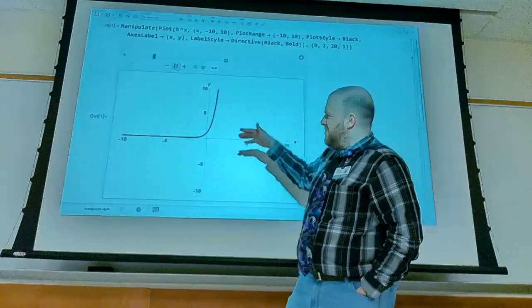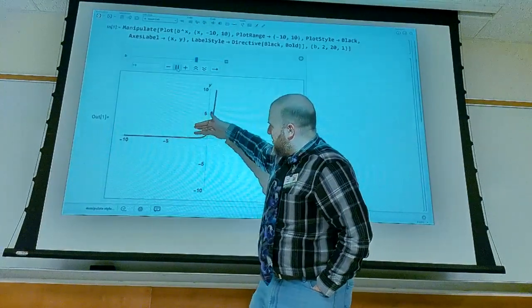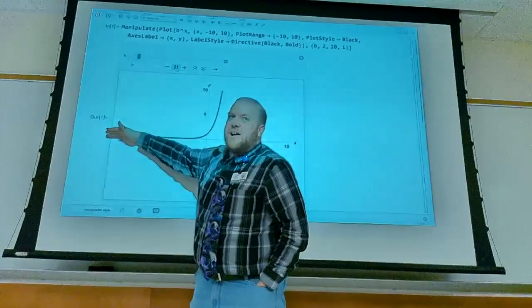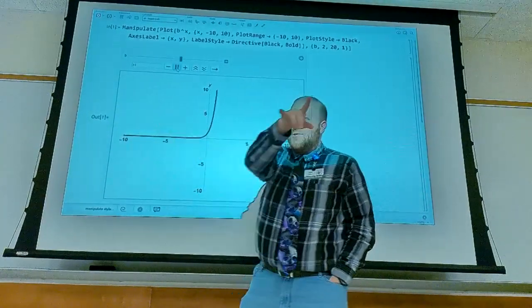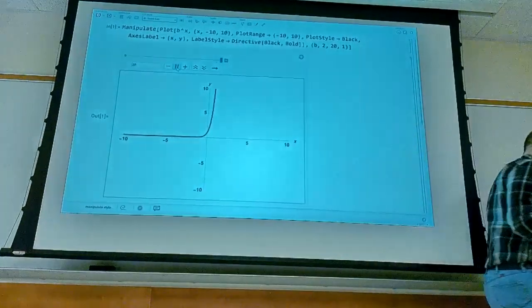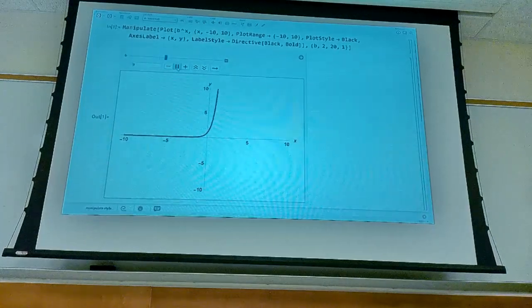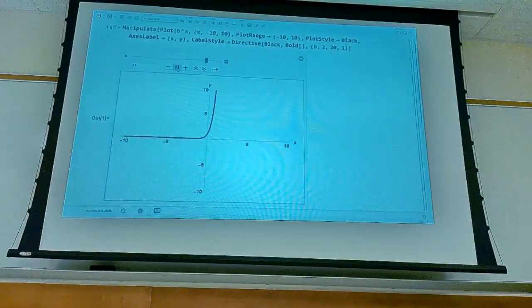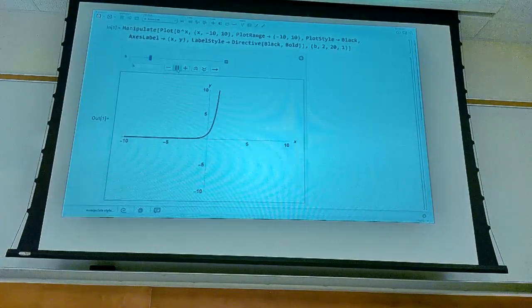When a function starts to level out, what is it called? It's a horizontal asymptote. So 0 is a horizontal asymptote for this function.